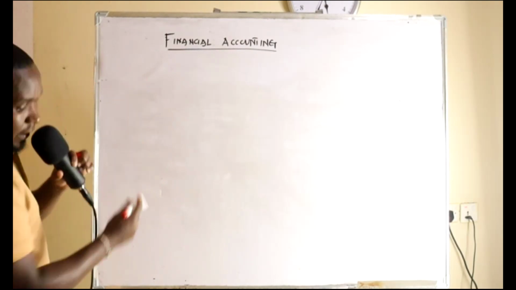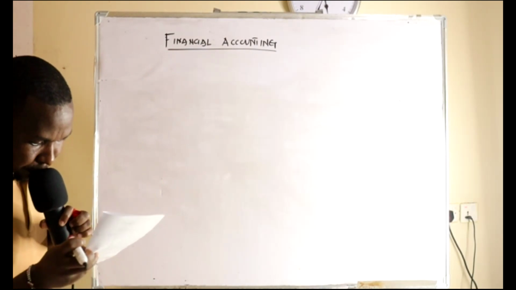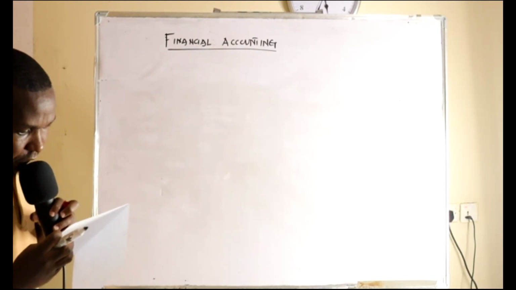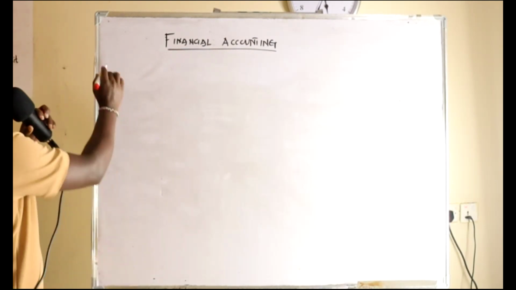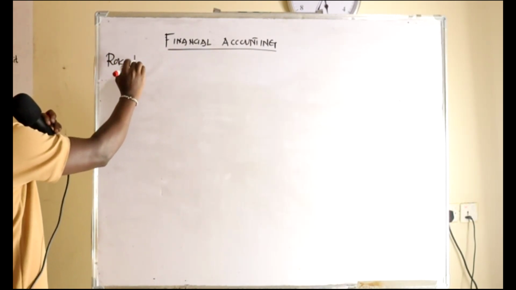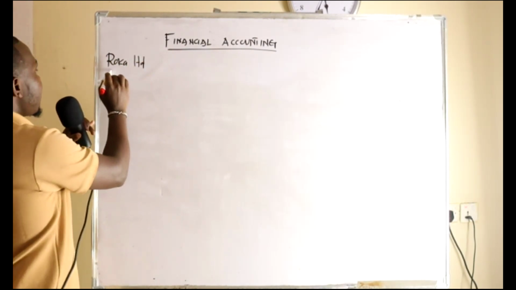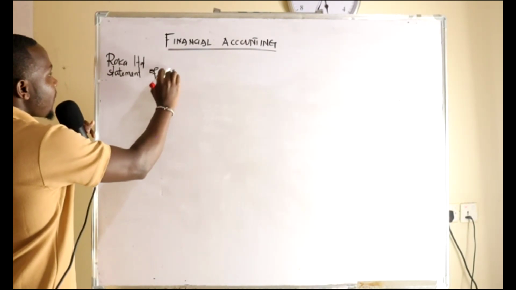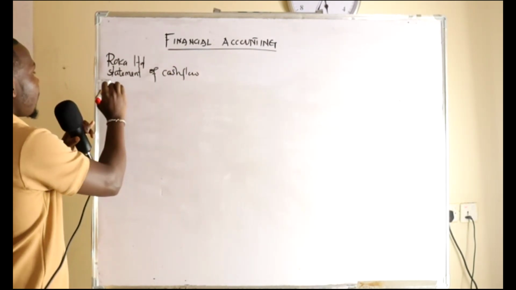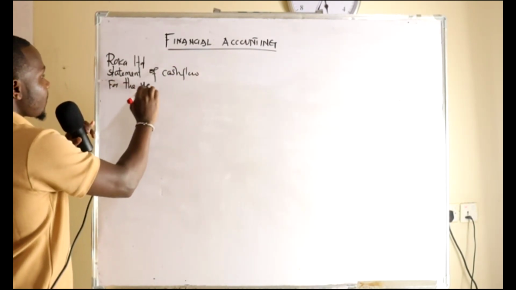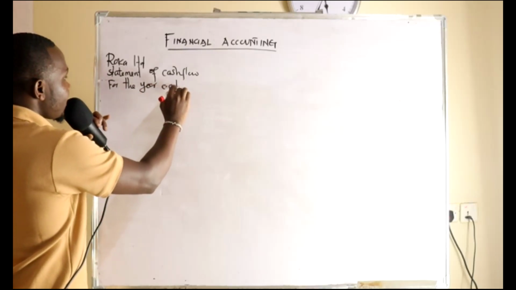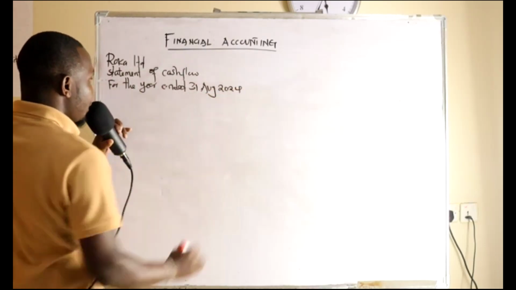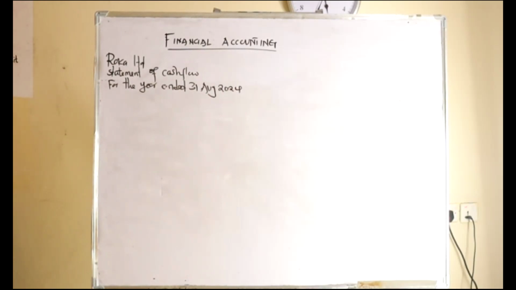So you will write the name of the company, which is Roda Limited. Then the statement of cash flow for the year ended 31st August 2024.